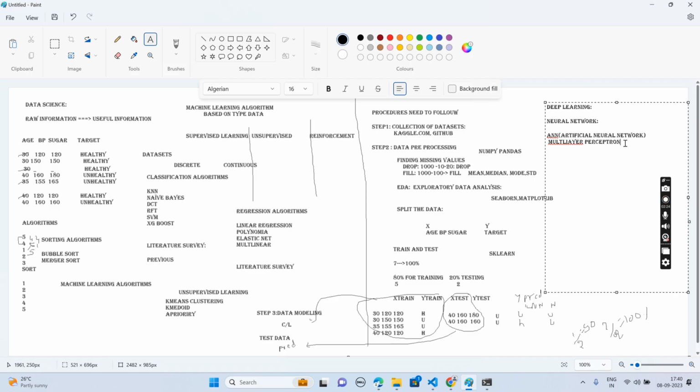We are also going to use an RNN, recurrent neural network.